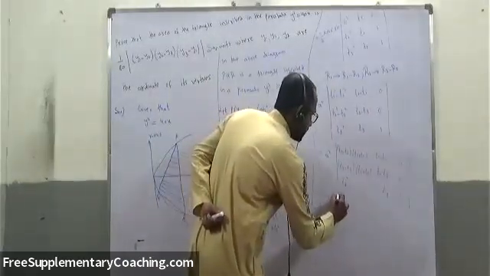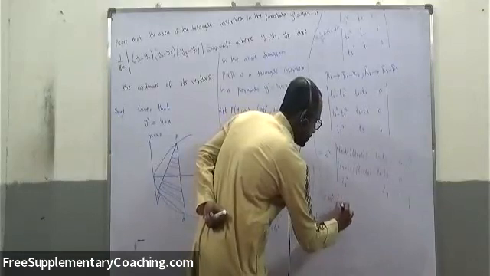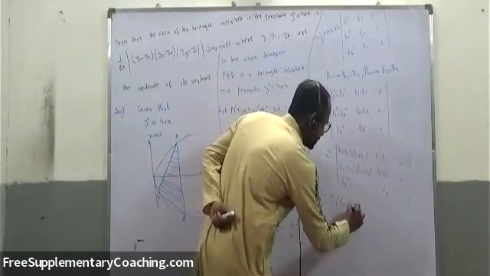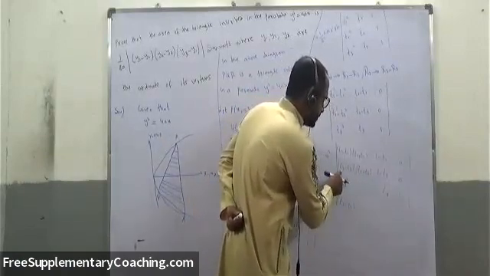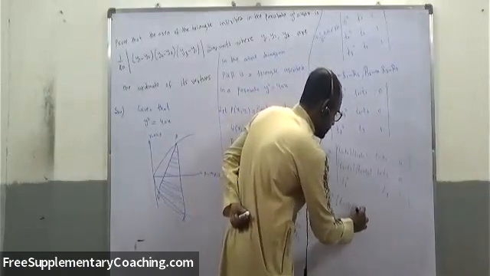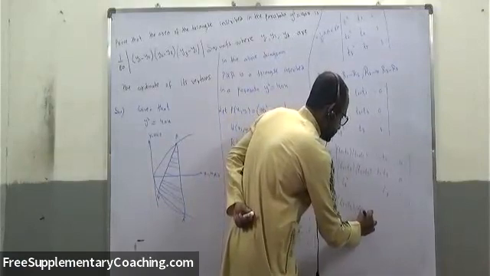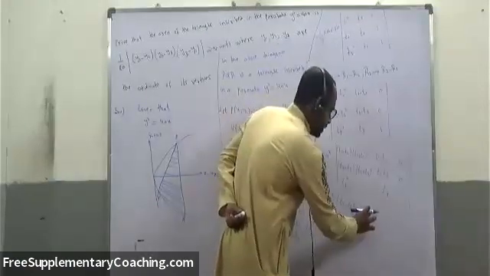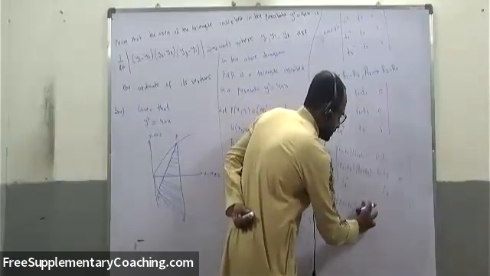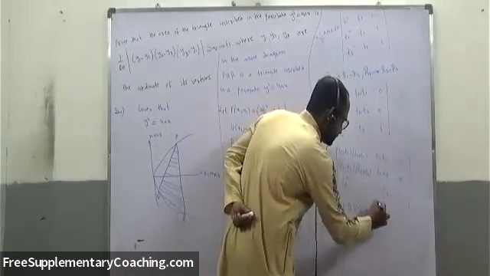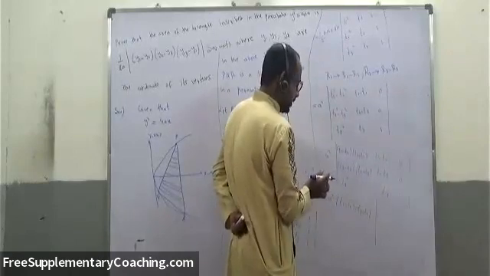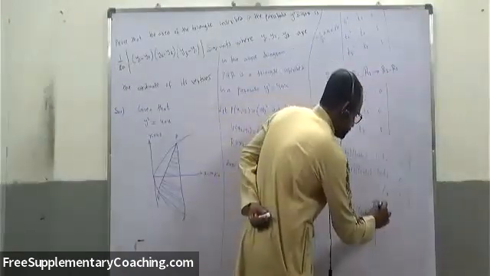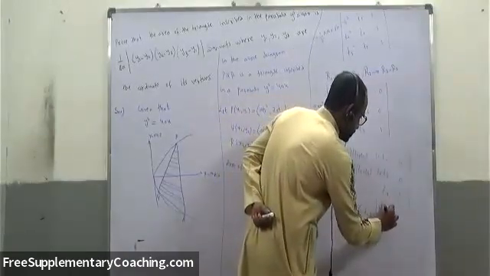So what we will get? A square in the bracket, T1 minus T2. And from the second row, T3 minus T2. Remaining terms as they are. What are the remaining terms? T1 plus T2, T1 plus T2.